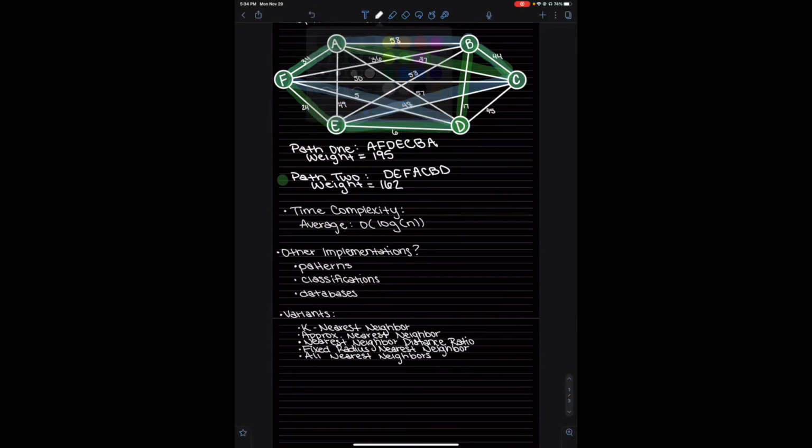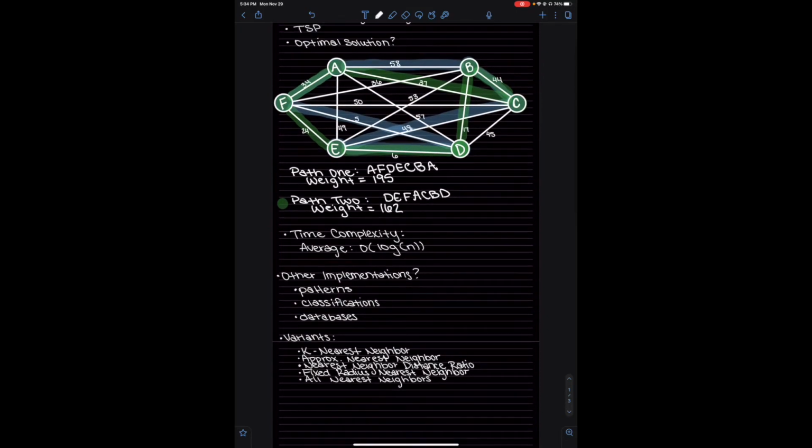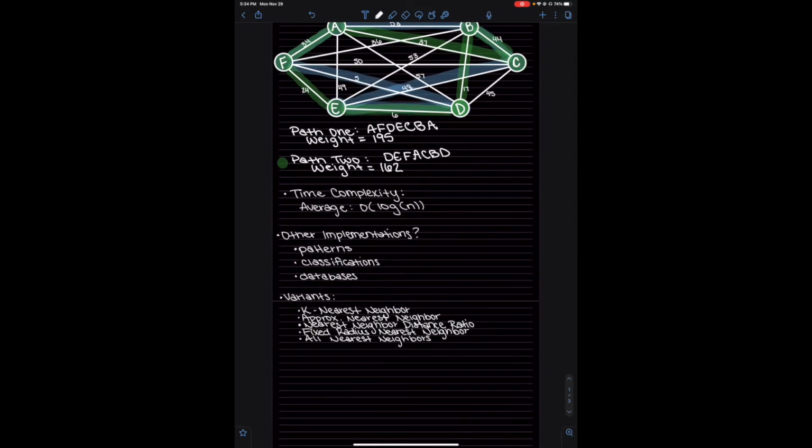Some implementations would be linear search, which computes the distance from a given point to every other point and finds the shortest distance. So in our example, that would be our edge weights. It also goes with space partitioning. It's just another method of implementation.